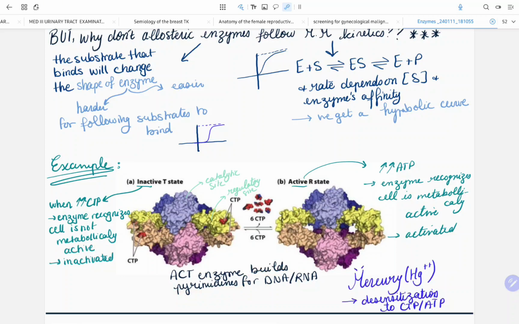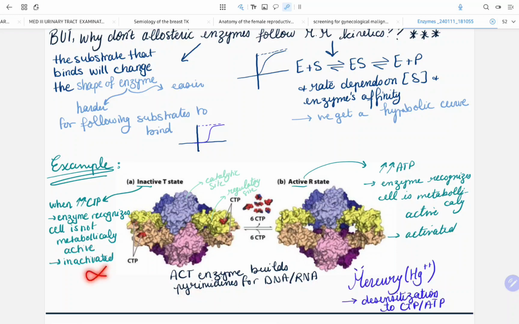Pyrimidines are the bases that are the building blocks of DNA and RNA, such as cytosine, thymine, and uracil. Okay? So when this enzyme sees that ATP is binding to its regulatory site, it recognizes that the cell is not metabolically active, which means that the cell does not need bases to build new DNA.